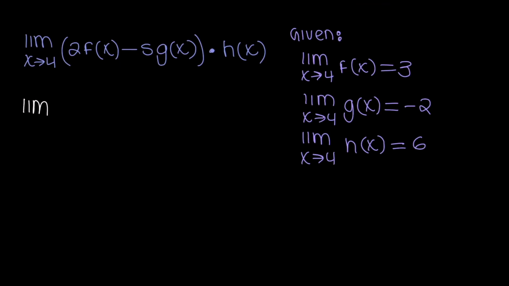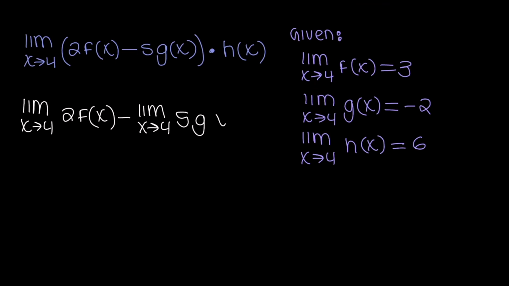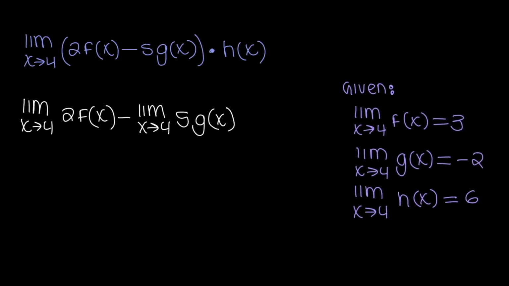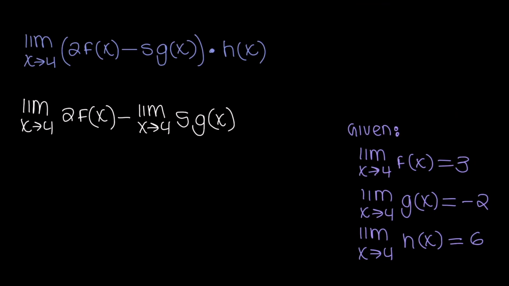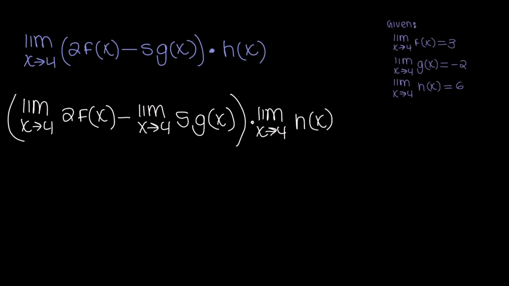We have the limit as x goes to 4 of 2f(x) minus the limit as x goes to 4 of 5g(x), all of this times the limit as x goes to 4 of h(x). Let's make this smaller so that we have more room.